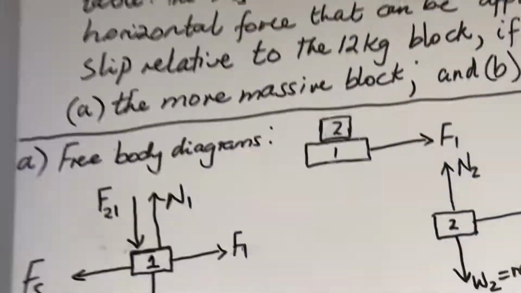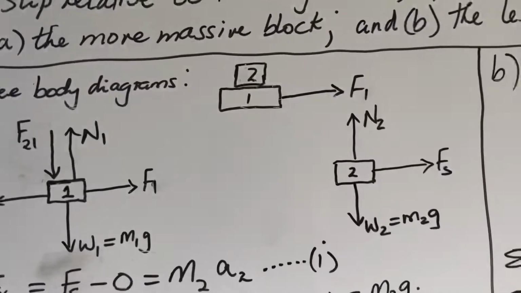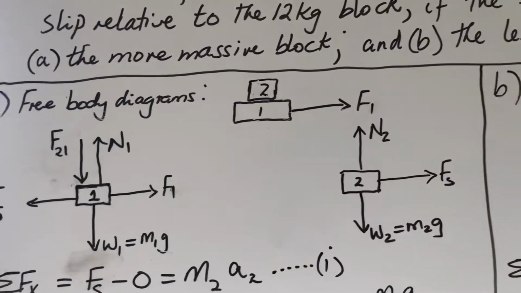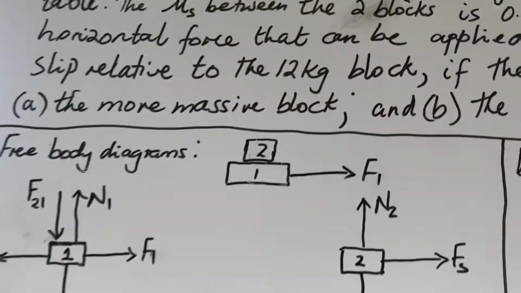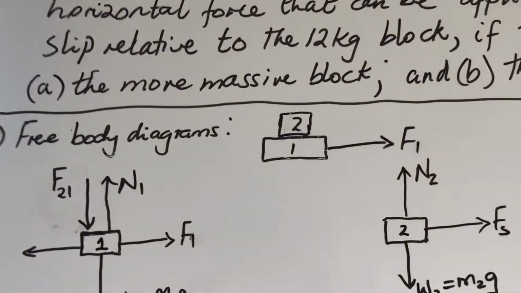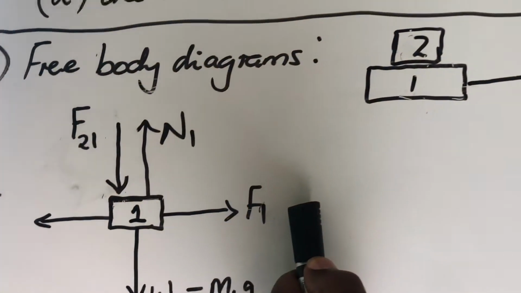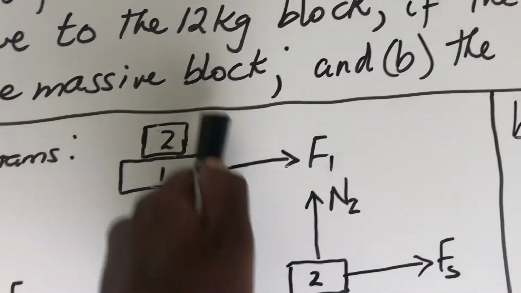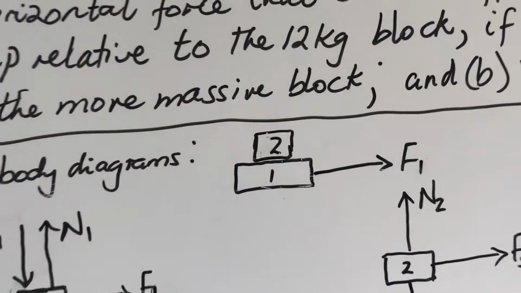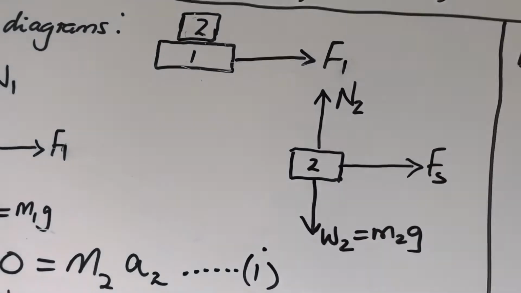Before it begins to slip, the maximum horizontal force that we can apply must be greater than or equal to the static frictional force. The moment we start pulling, this top block is going to be pulled by a force equivalent to the static frictional force before it starts to move.